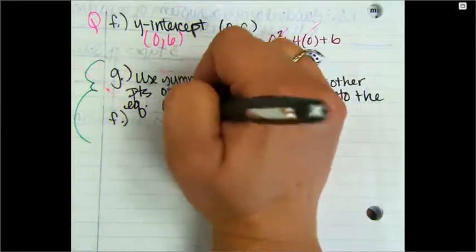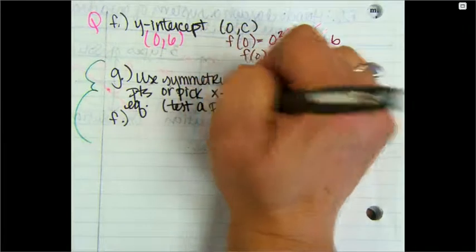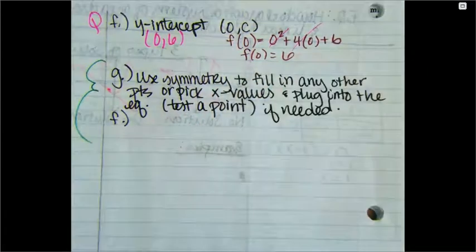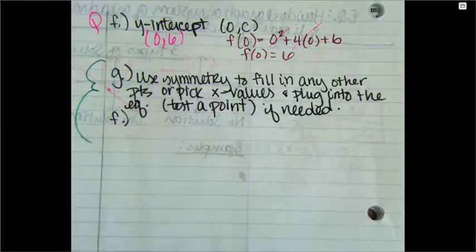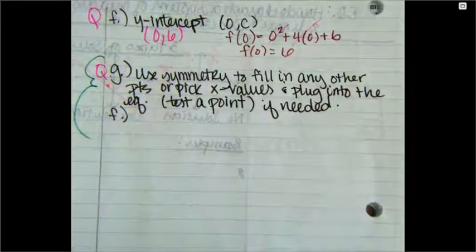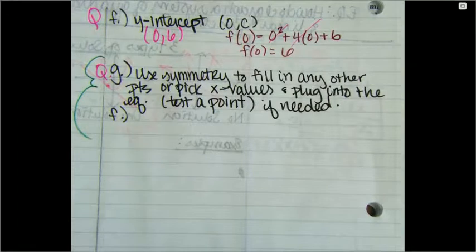Test a point if needed. I'll explain that when I go to graph in a second, but not yet. I'm going to go ahead and tell you this is referencing the quadratic. So use symmetry to fill in any other points or pick x values and plug into the equation. Test a point if needed.